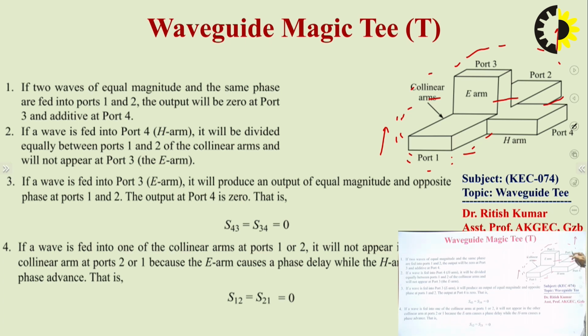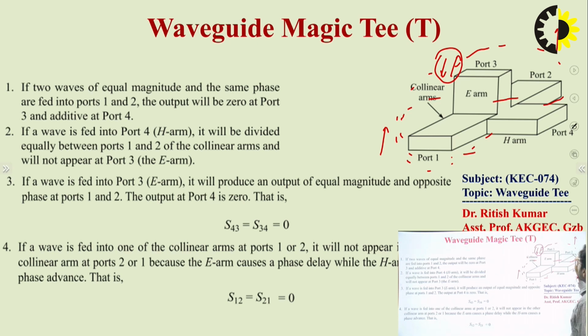So, in the E arm, at the junction point, this field is in the direction of this way, while this field is in the direction of this way. So, at port number 3, you will have the fields in opposite or 180-degree phase shift with each other. So these two fields cancel out with each other.